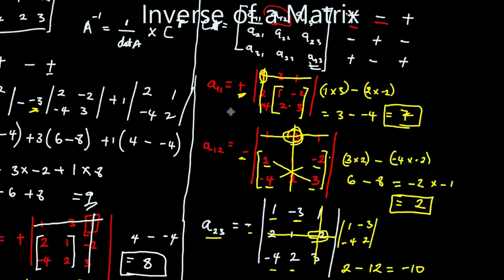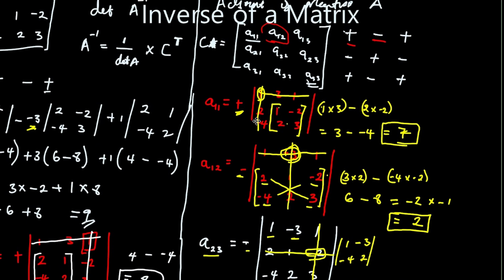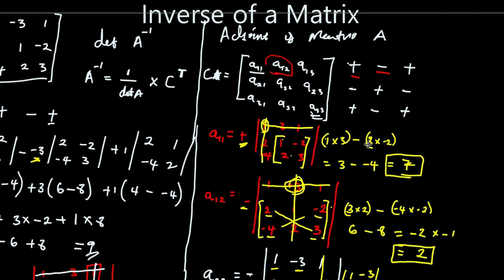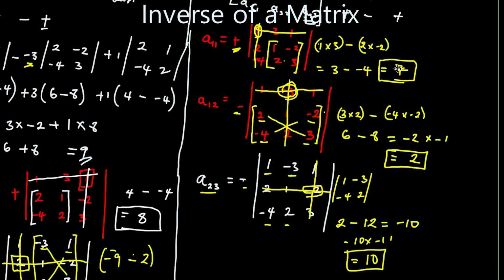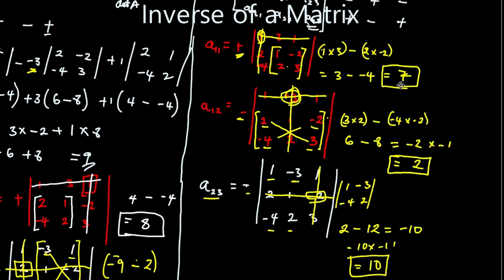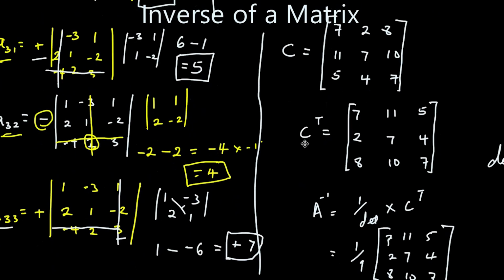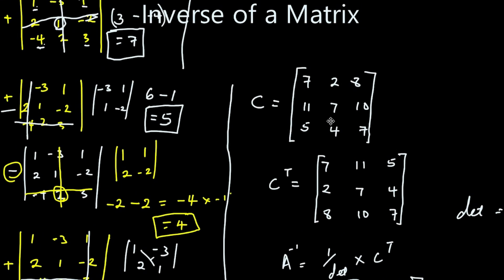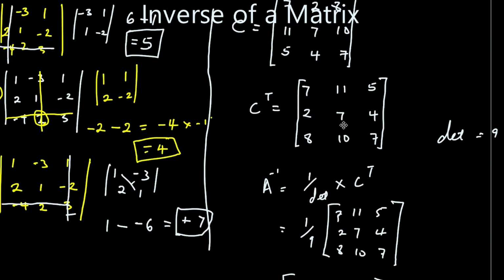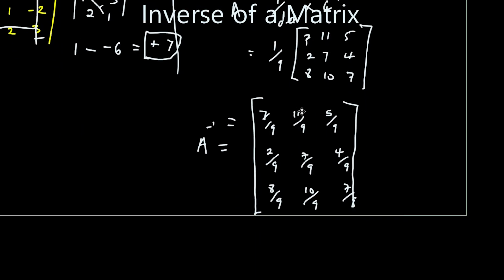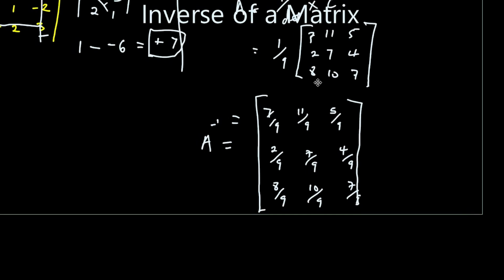Get the elements A11 to A33 by closing down the rows and the columns all through and getting their determinants, and also multiplying by the position signage here, which is plus, minus, plus, minus, plus all through to plus. And then these values that you get, which is 7, 2, 8, 10, 11, 7, 5, you arrange them so that you have them in a new matrix we are calling C. Get the transpose of that matrix, then multiply the transpose by 1 all over the determinant, and you will have your answer as the inverse of that matrix.